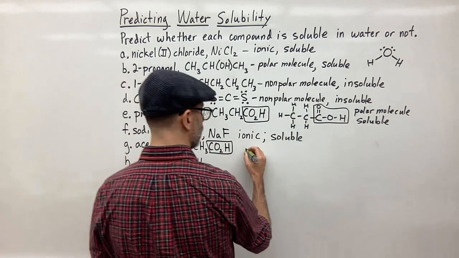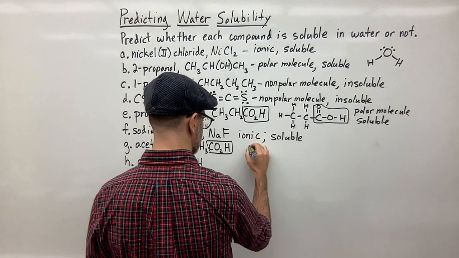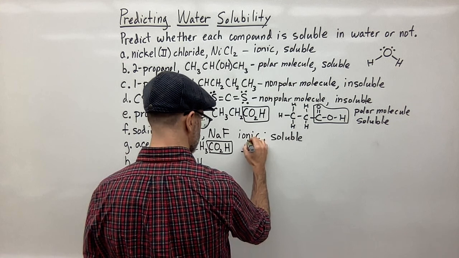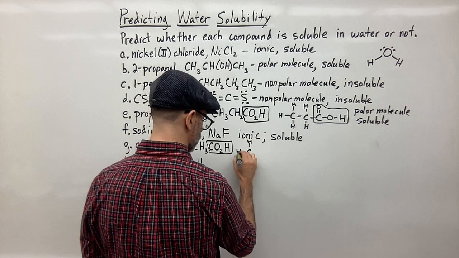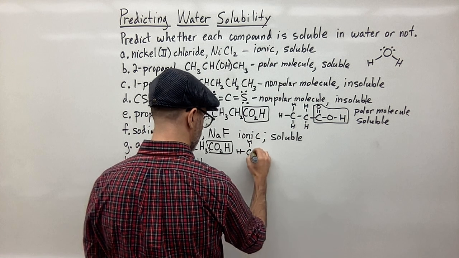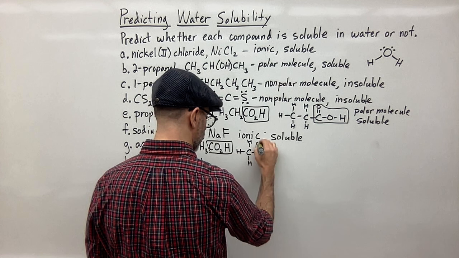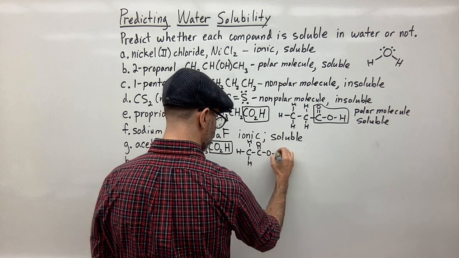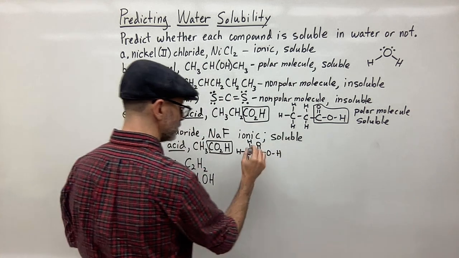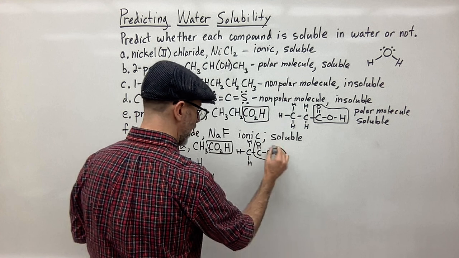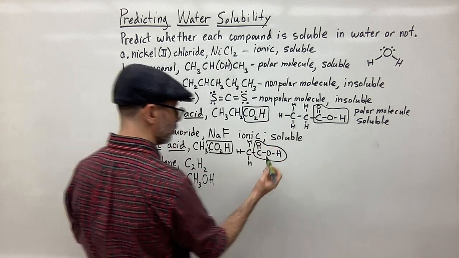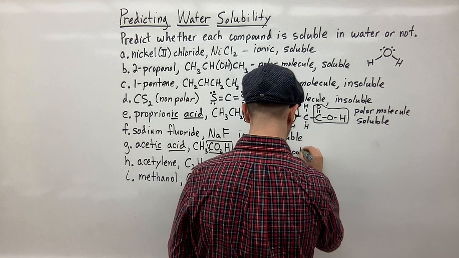If I draw the Lewis dot structure out again, I have a C, so H, H, H, and then we have a C, double bond O, O, H again. So we have that group. So very polar. So this is a polar molecule.